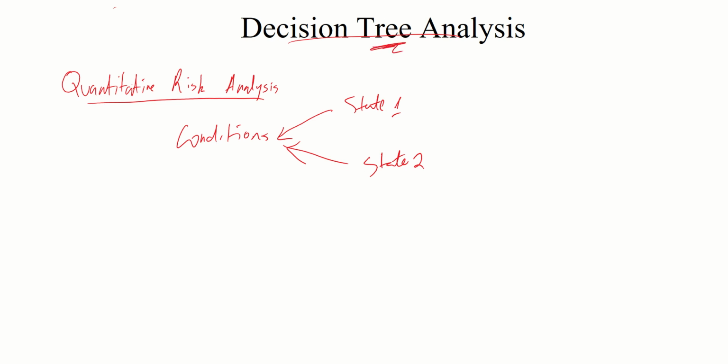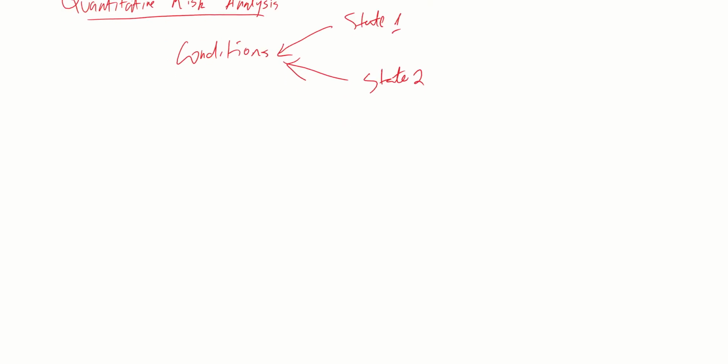Now, a couple of important points that we have to note before we start constructing the tree. Point number one is that there are different symbols in the tree, and we have to understand what these symbols mean. The first symbol is the rectangular symbol, or the square, and that's your decision node.